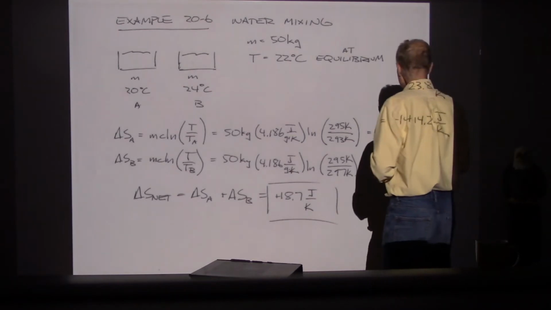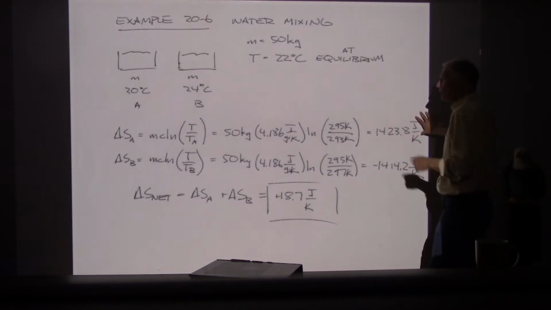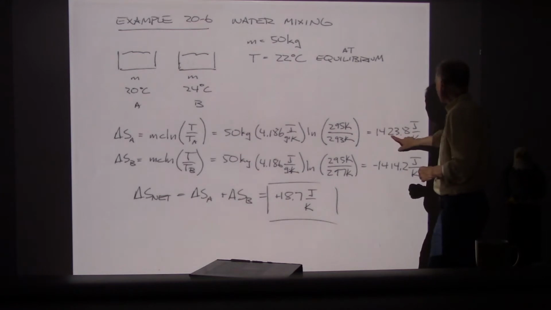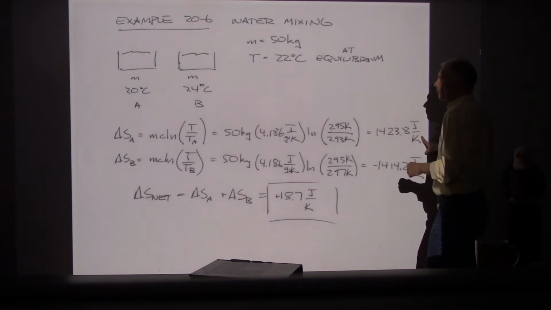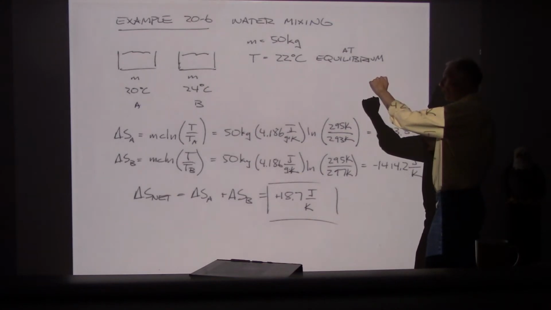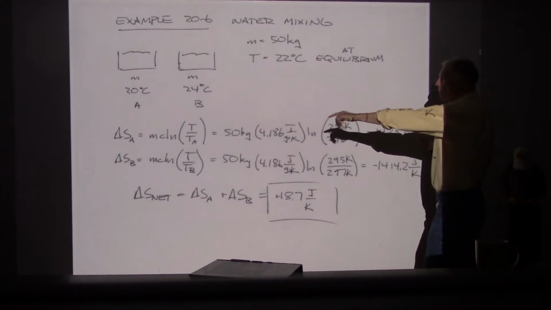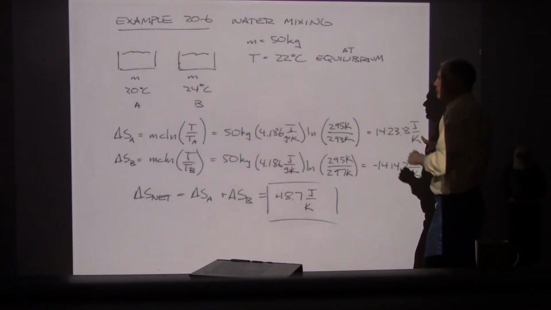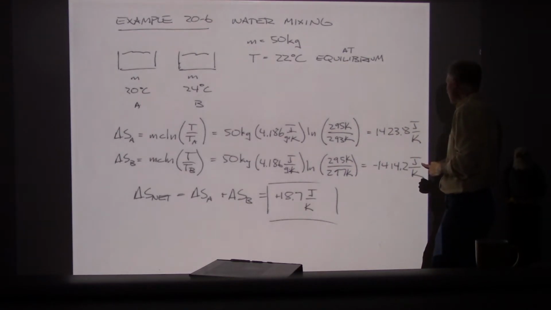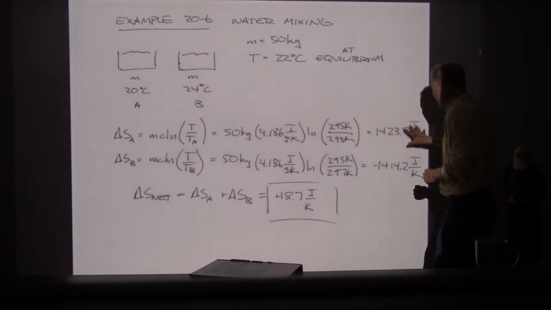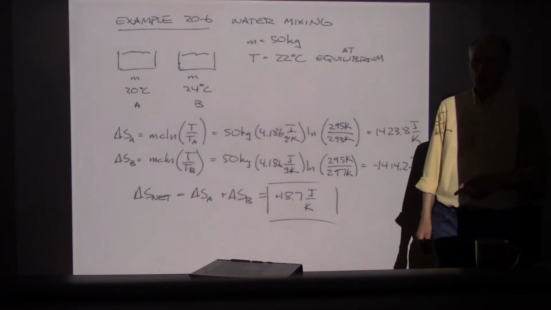Anyway, when we calculate the entropy change, for sample A, this is 1423.8 joules per Kelvin. And there the temperature went up. And then for sample B, the temperature dropped just a couple of kelvins, and that is minus 14.2. And notice I kept a lot of significant figures because subtraction is dangerous.